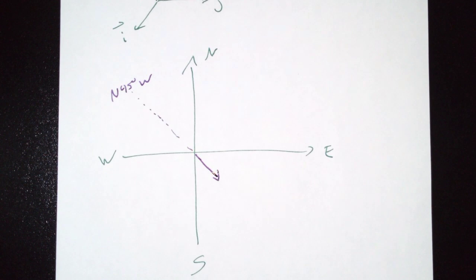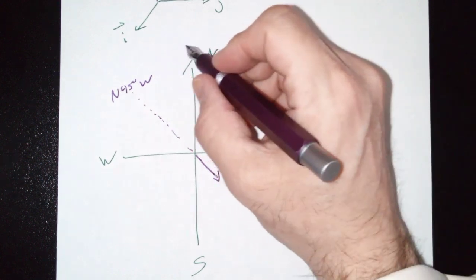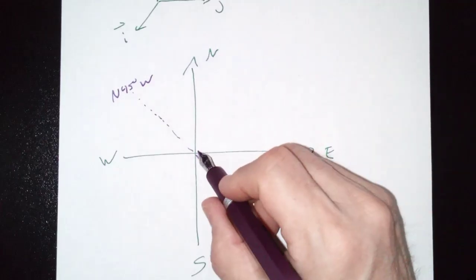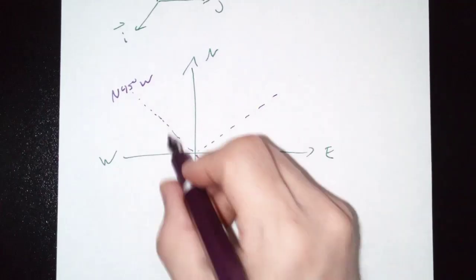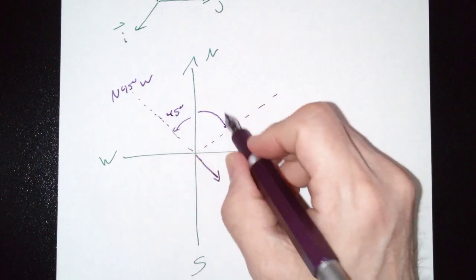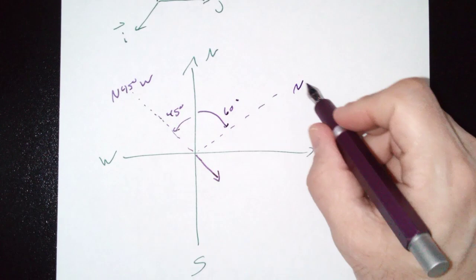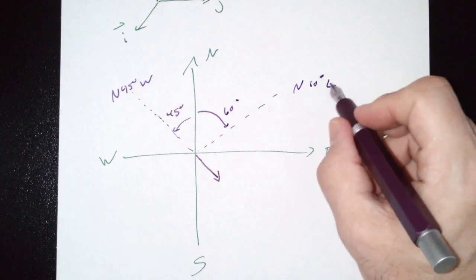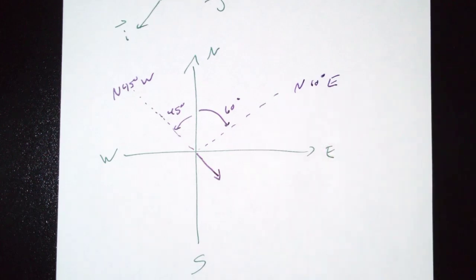So far, so good. The plane is going north 60 degrees east, start at north, go out to 60 degrees. That way.